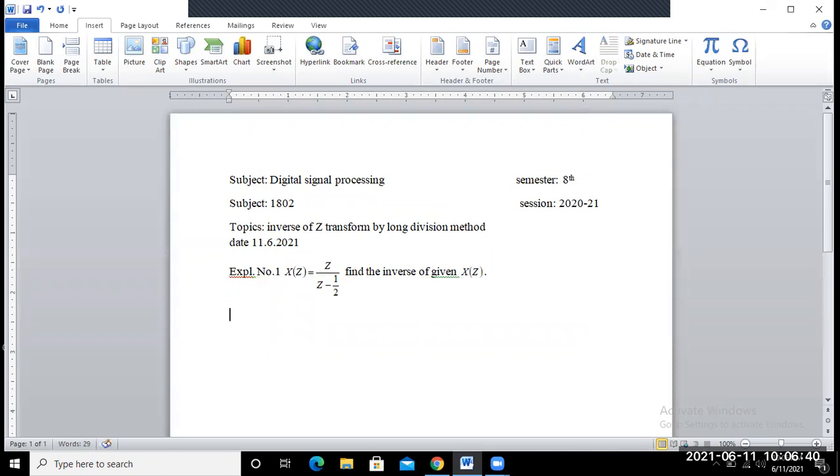So similarly, let us divide this z by z minus 1/2. This 1/2 you may write as 0.5.